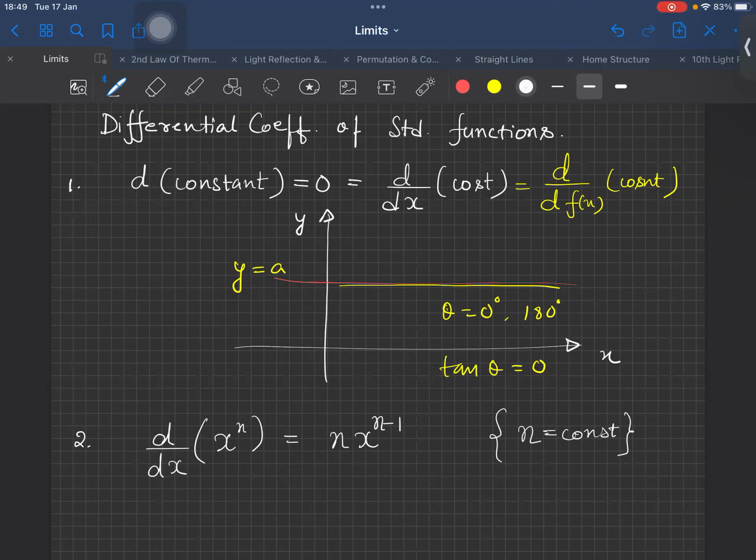We will see that in implicit functions, but for a simple answer, let's understand it like this. Once we solve a lot of problems in derivatives, we will get to know that n can be a function of x as well, like you can find the derivative of f to the power of g, where both are functions of x. So those types of problems.